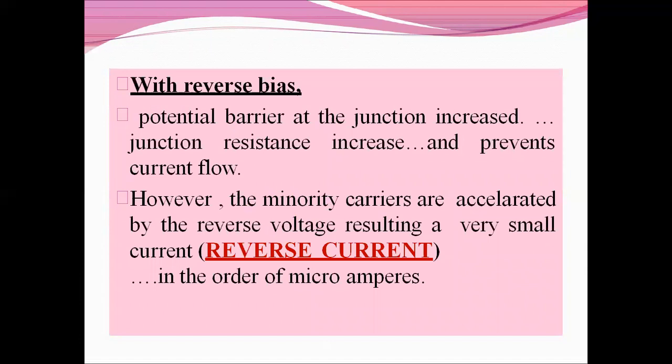When it is reverse biased, the potential barrier at the junction will be increased. So the junction resistance also increases, which will prevent current flow in the PN junction diode. However, the minority carriers are accelerated by the reverse voltage, which results in a very small current called the reverse current, in the order of microamperes.